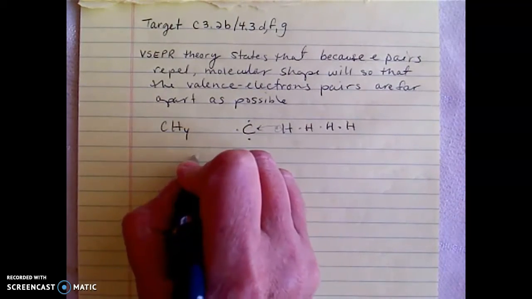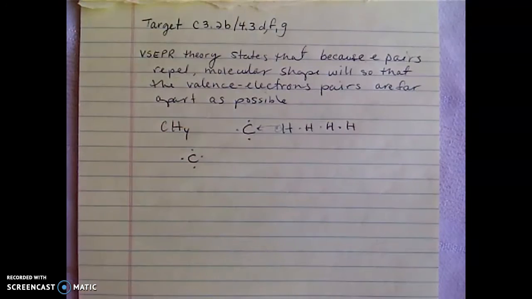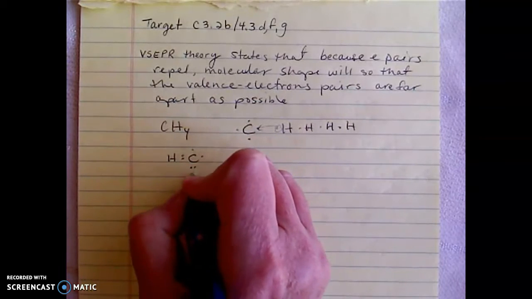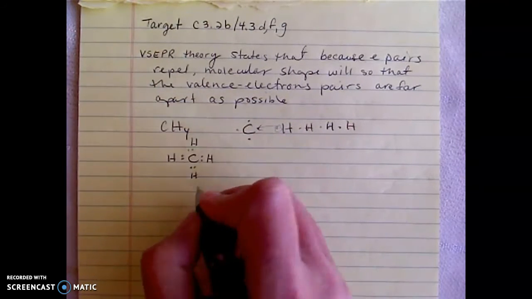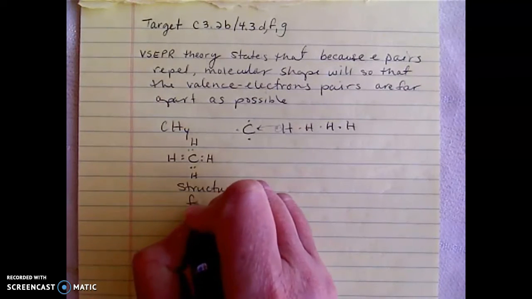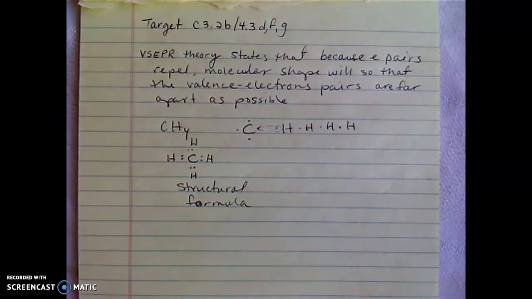And so when you draw the full dot structure for CH4, H will share there, another H will share here, another H will share here, and another H will share here. Now remember, this is our structural formula. It shows you how they bond together, but it doesn't show you the actual shape.